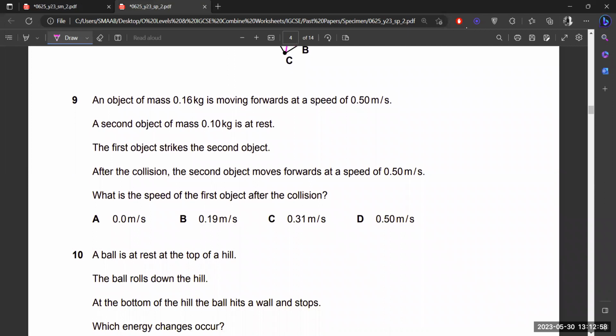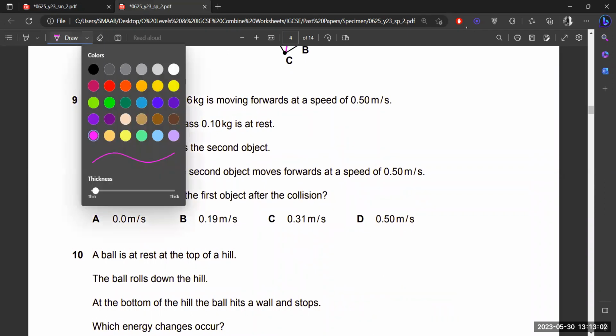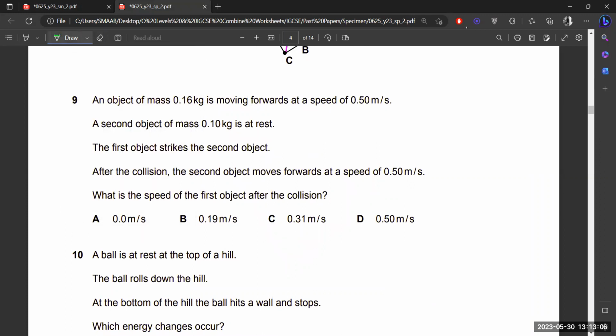Question number 9. An object of mass 0.16 kg is moving forward at a speed of 0.50 meter per second. So this is the mass of the object and this is the speed with which it is moving in forward direction.